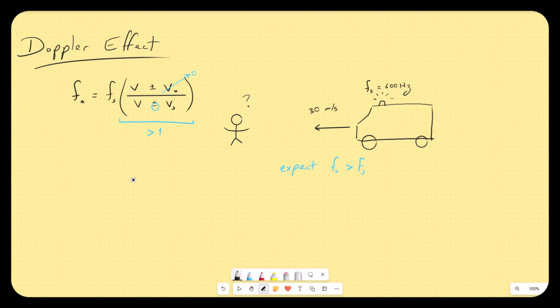So now I get an equation that looks like this. Frequency observed equals frequency of the source. On the bottom of the fraction, I get V minus V source. On the top of the fraction, I get just V. And that V, that's the speed of sound. So I'm going to say that that is 340 meters per second.